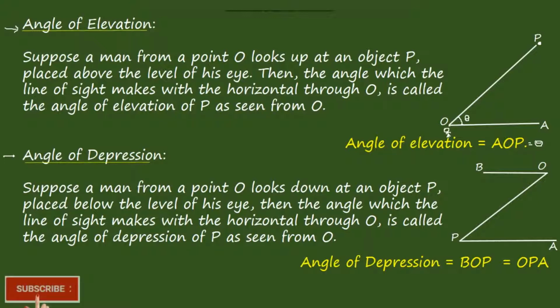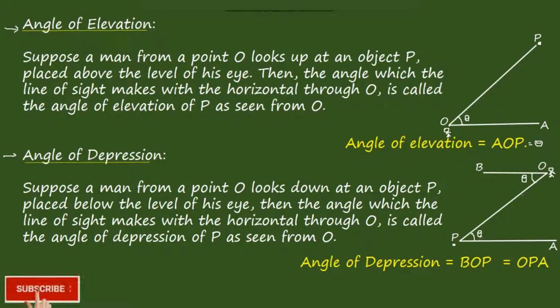Now coming to the angle of depression. If you consider straight lines here, if a person is standing above a tower or a building and looking down at an object at a point P, if there is a base here, then it forms an angle theta. The person will be looking below the level of his eye, right? This angle theta is nothing but this angle only.